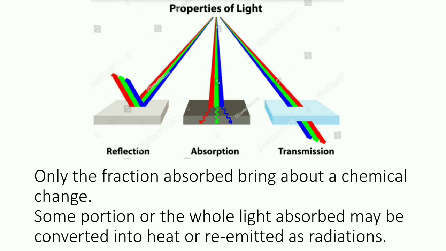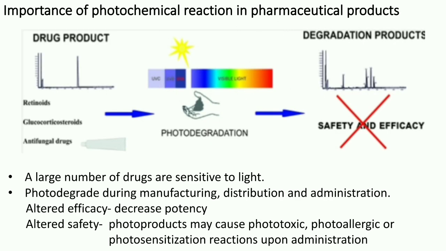Now let us discuss the importance of photochemical reactions in the development of pharmaceutical dosage forms. There are a large number of drugs which are sensitive to the light, and such drugs may degrade during manufacture, distribution, or even at the time of administration of the drug to the patient.